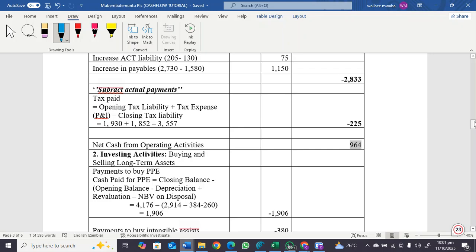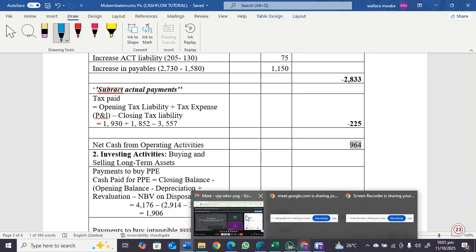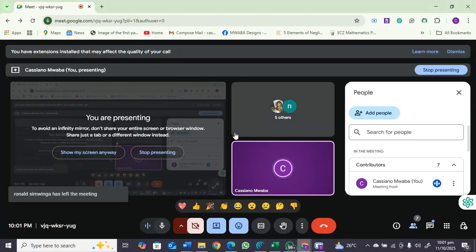If the company is receiving any dividends, it's invested in some shares somewhere else. But remember, investing activities here, you're just dealing with the purchase and sale of non-current assets. That's what you must remember. When you reach the investing activities part, think about the non-current assets, the ones sold, the ones that have been bought.